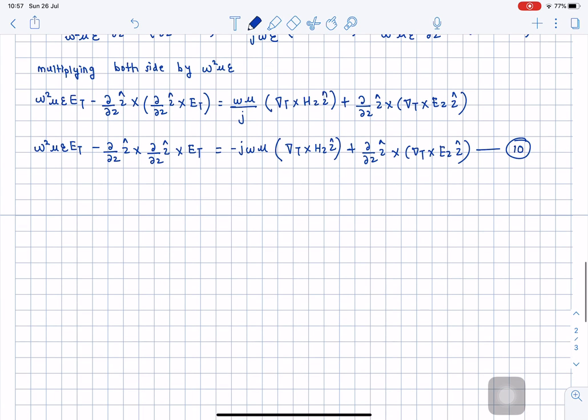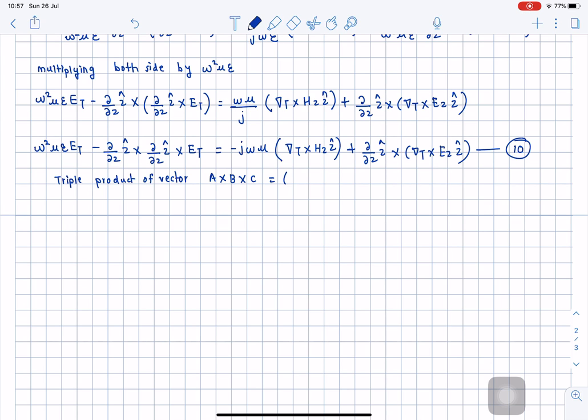We know that in vector algebra, if there are three vectors, A cross B cross C, how is this triple product written?